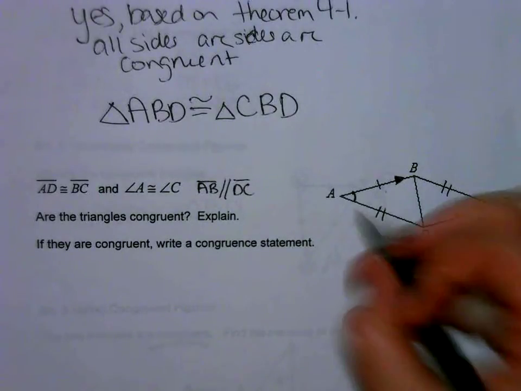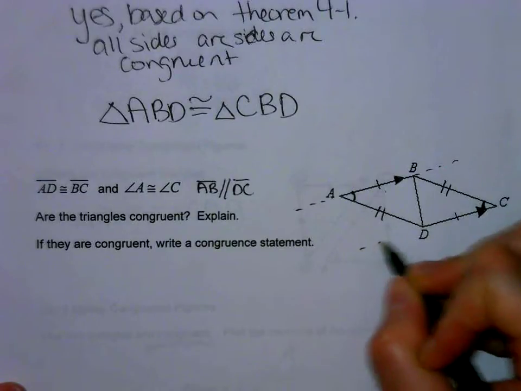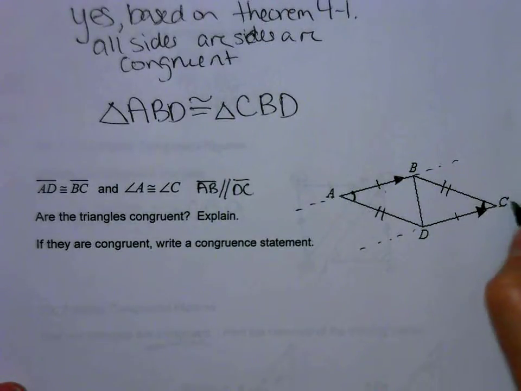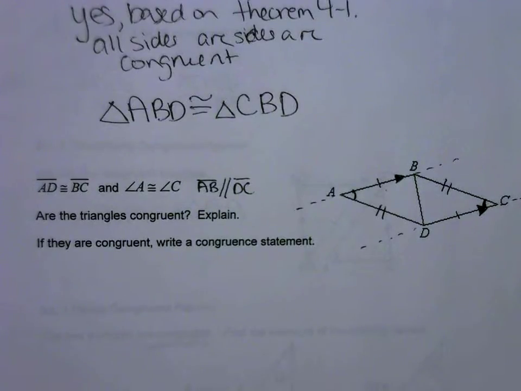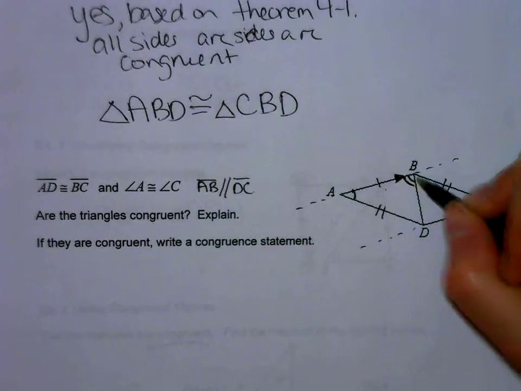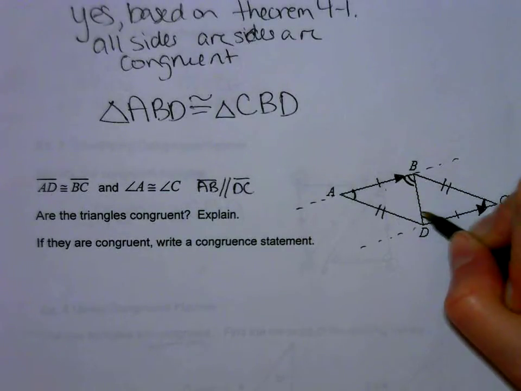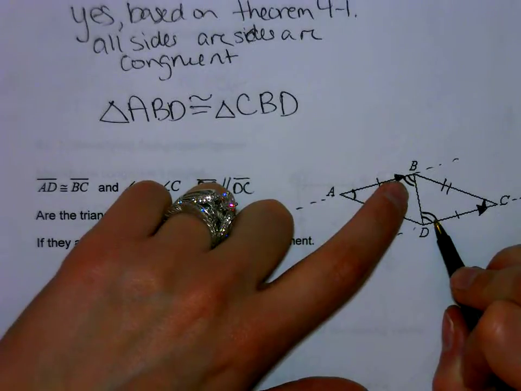Since we know that these two lines are parallel, if we extend these just to give us a reminder of parallel lines and a transversal, here's our transversal, we end up with alternate interior angles. So if this is an alternate interior angle to here, we know based on the former lessons that alternate interior angles are equal to each other. They're congruent.